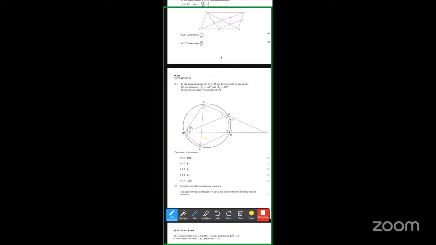Oh, this one I think is simpler. I think this is simpler, guys. What do you think? You guys still can't find this one?